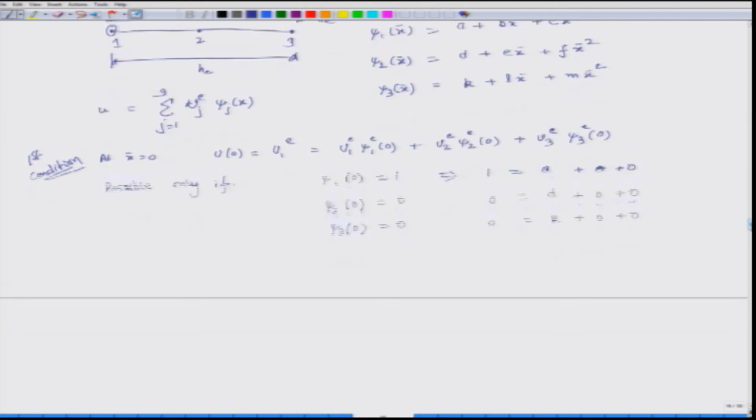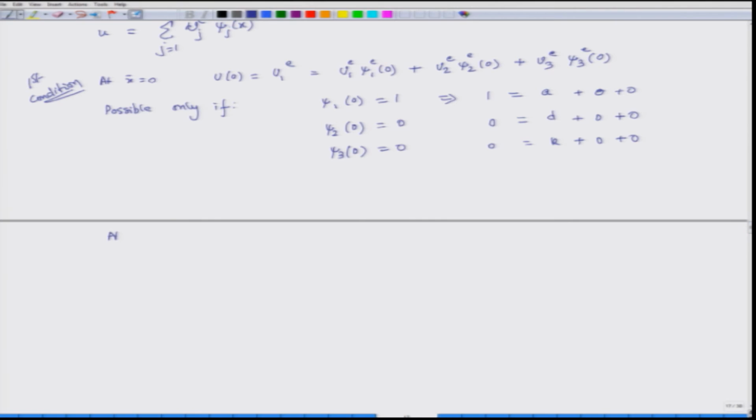So, this is the first condition. What is the second condition? That at x bar equals alpha times h^e, u(alpha h^e) is equal to u2^e, and this is equal to u1 psi 1 at alpha h^e plus u2 psi 2 at alpha h^e plus u3 psi 3 at alpha h^e, and again I have to put superscripts everywhere.